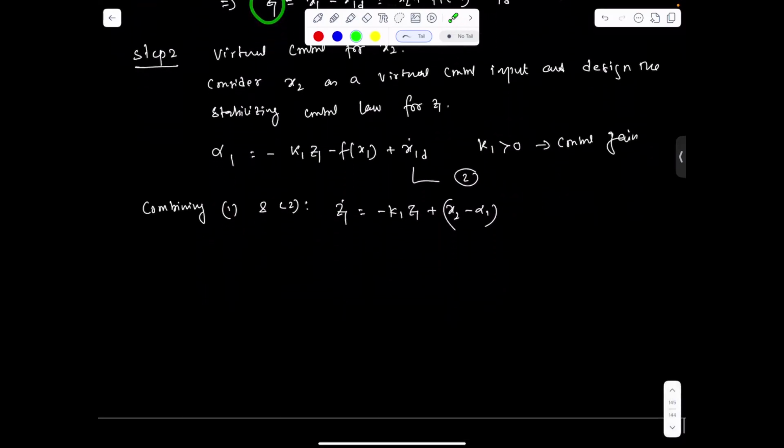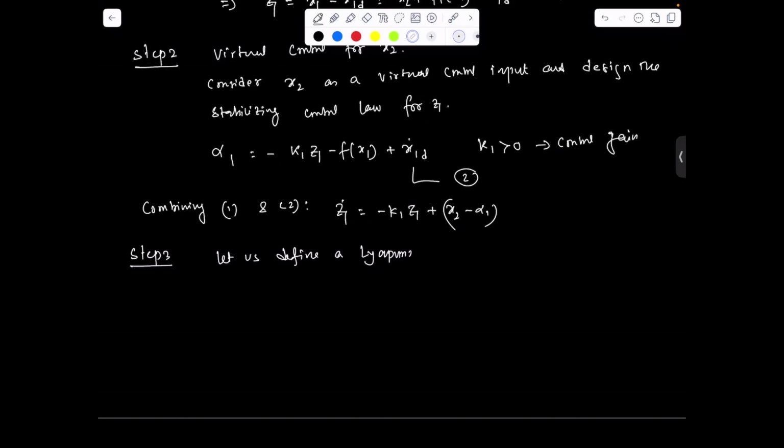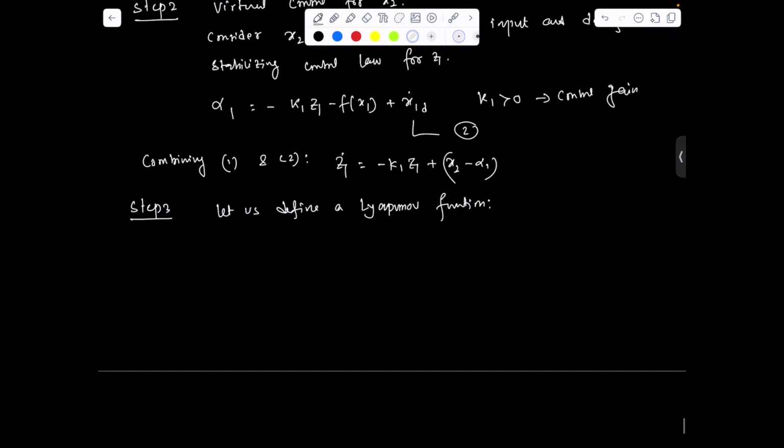So now step 3, we will prove this through Lyapunov. Let us define our Lyapunov function as V1 equal to 1 upon 2 G1 squared.